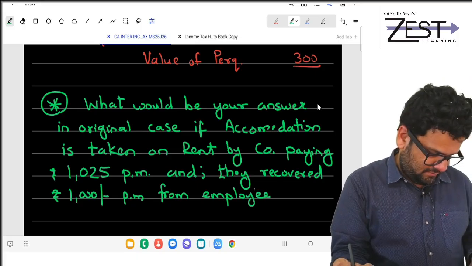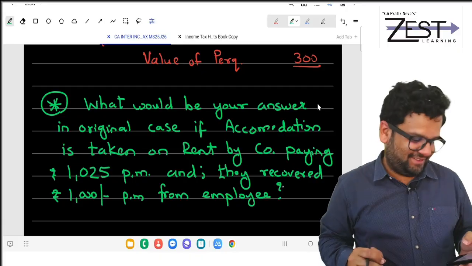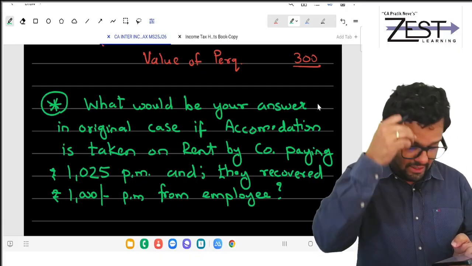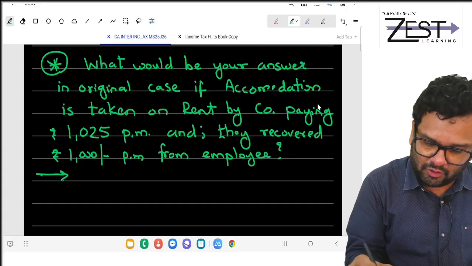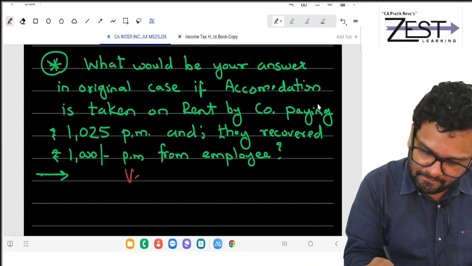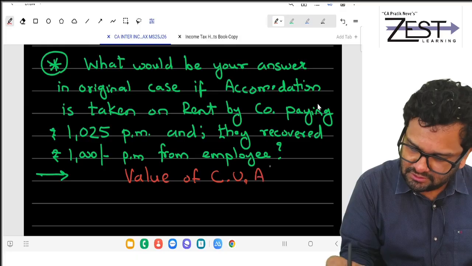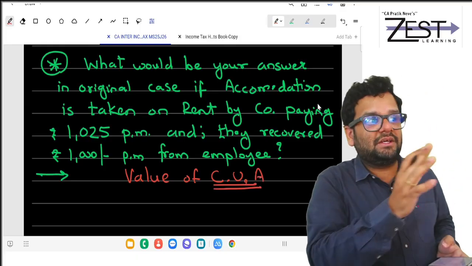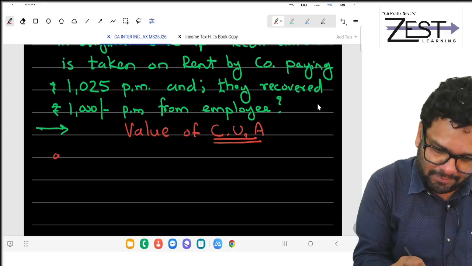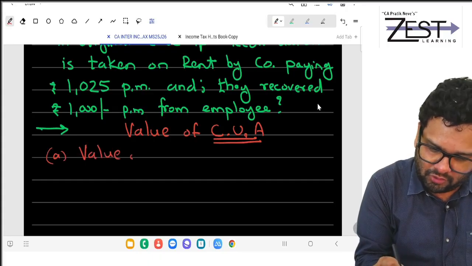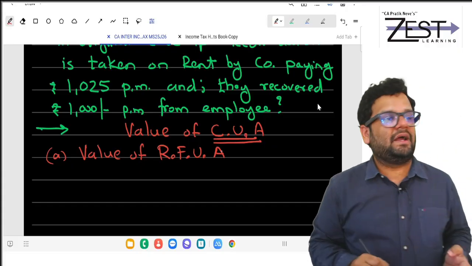Okay? So friends, don't do it like this: 1025 minus 1000. Of course, don't do it like that. What will be the valuation? First of all, what is this? Value of concessional unfurnished accommodation. But the only thing is, what is changing? How to find it? So in point A, you have to find the value of rent free unfurnished accommodation.